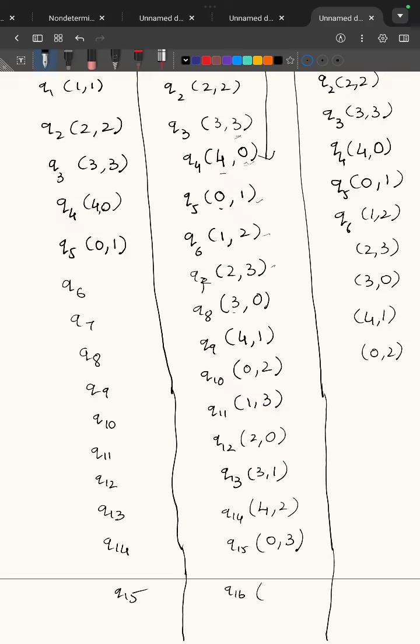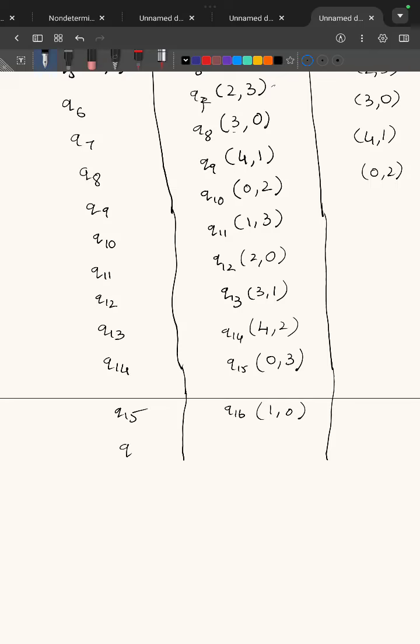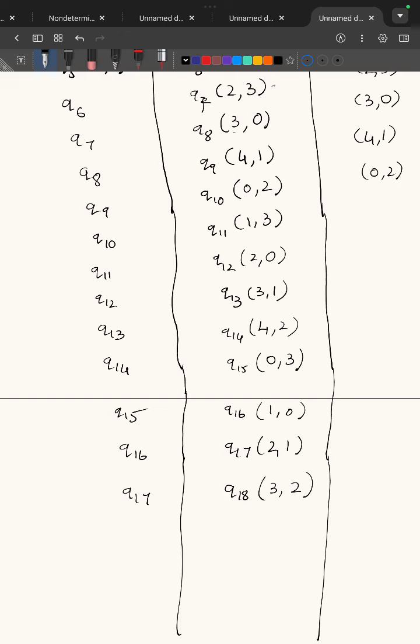Next I will go to Q16. So it will be 1 comma 0. I will go to Q16, that is I have to add 1, 2 comma 1. Then Q17, and I will reach Q18, right? So this will be 3 comma 2.